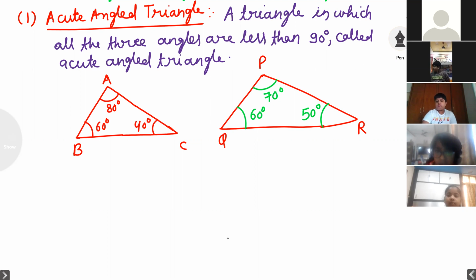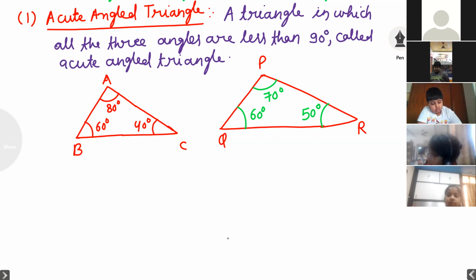It is exactly 180°, then only the triangle will exist. If it is coming greater than 180 or less than 180, then the triangle will never exist. I hope you got it. What is acute angle triangle? If all the three angles are less than 90°, that is called acute angle triangle.